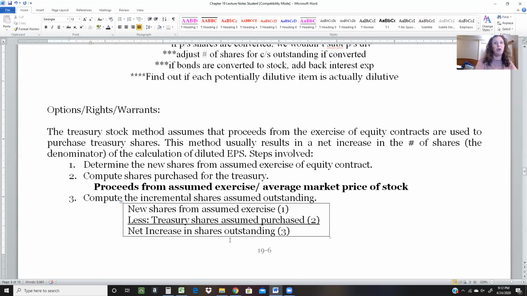That's $1,800. So if everyone converts their bonds, because we have no idea if an investor is going to do it or not, but they might, what if everyone did? Well, then we would not have to pay interest anymore, but we'd have a lot more shares in the market.